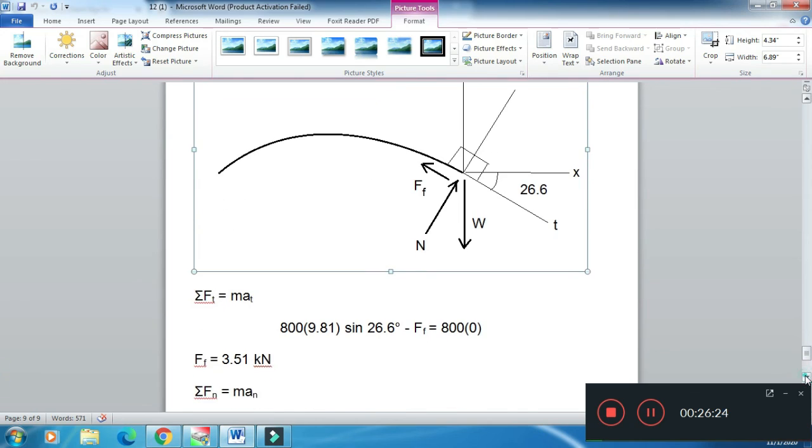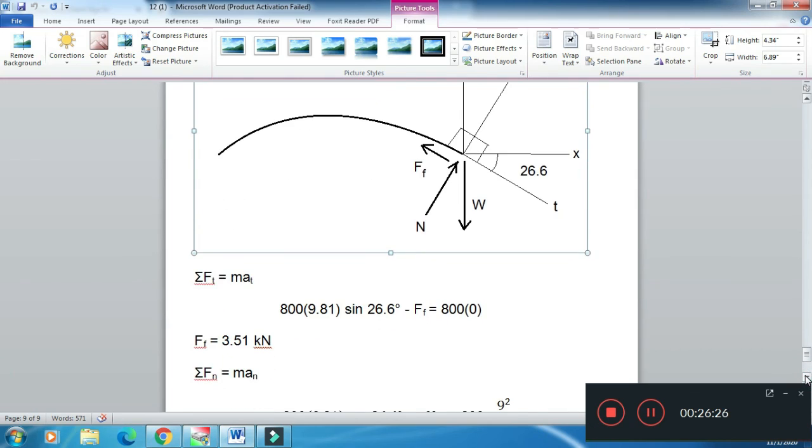We apply the equation of motion in tangential direction. In tangential direction we have friction force. Friction force is opposite to the tangential direction. Then another force in tangential direction is the weight of the car.